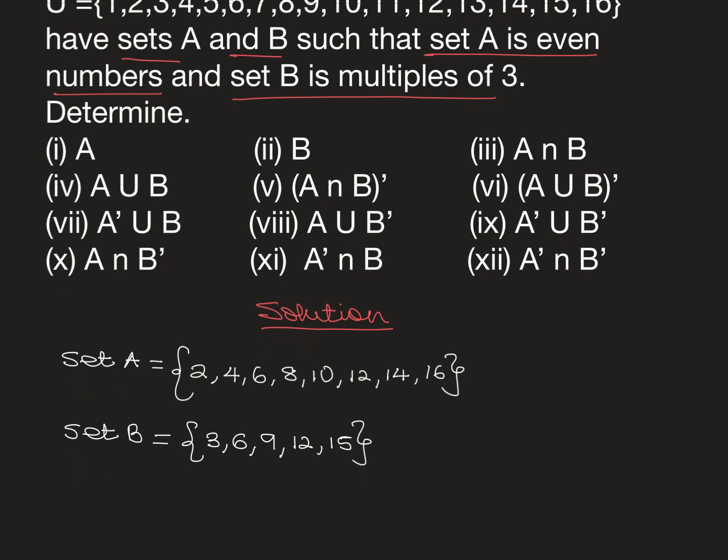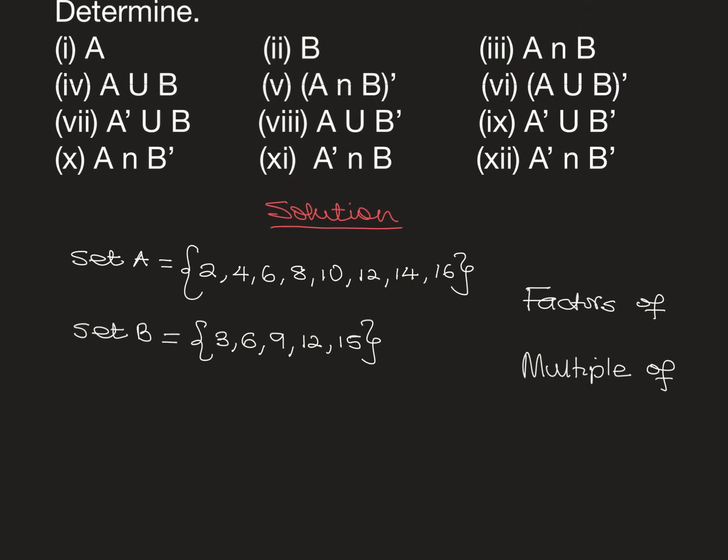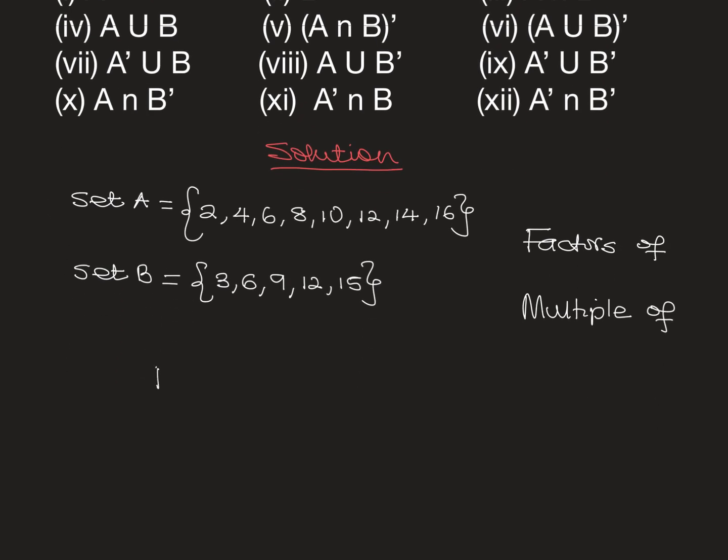I want you to first know the difference between factors of and multiples of a number. So if I say a factor of, let's say 30, here I am taking 30 as the given number and dividing it by a number such that you will not have a remainder.